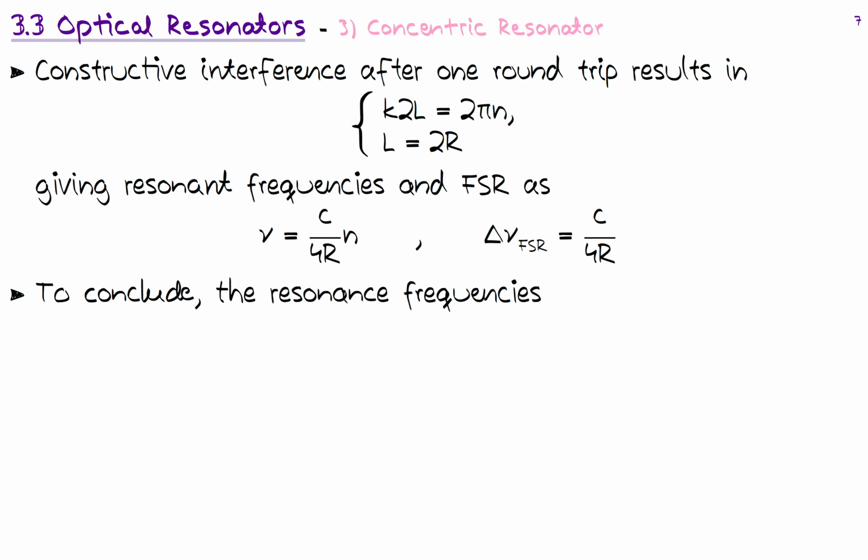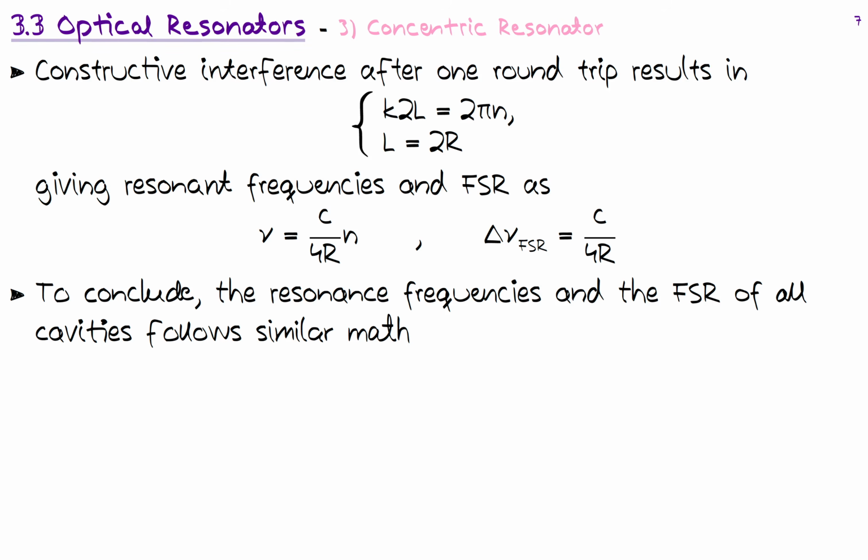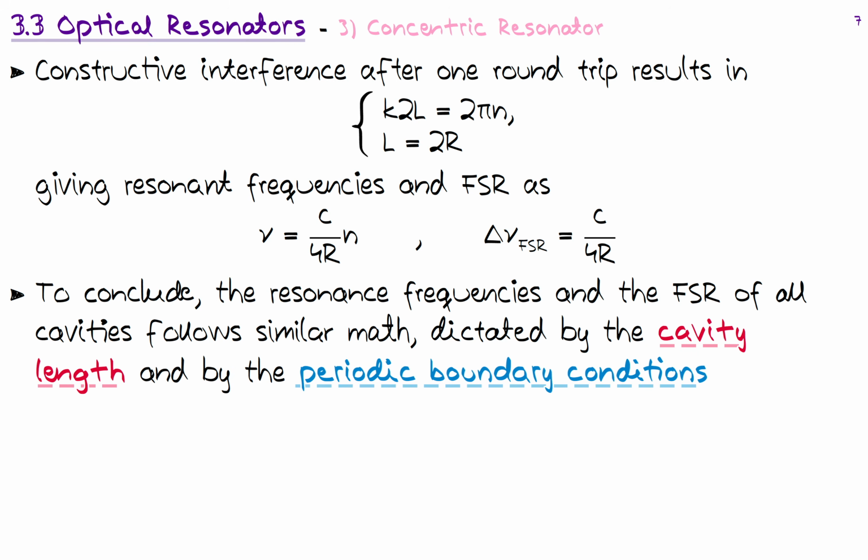To conclude, the resonance frequencies and the free spectral range of all of these different kinds of cavities follow very similar math. That's dictated by the cavity length and by the periodic boundary conditions imposed by the mirrors, so the reflectivity plays a role here.